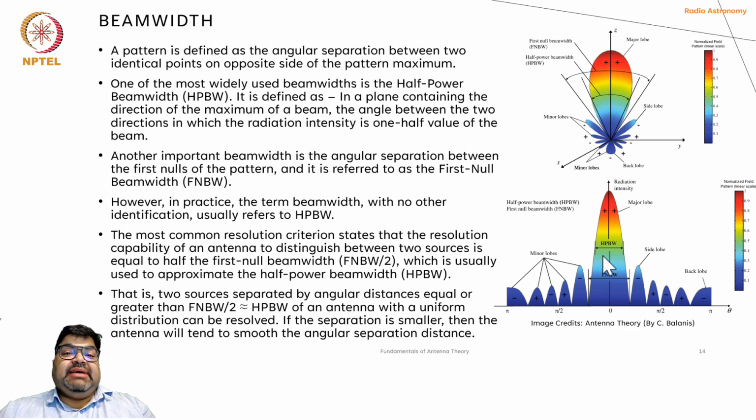It will see them as a single star. But if they are apart by an angular separation more than the half power beamwidth, then there is a possibility of distinguishing between these two stars. This component is very important from the radio astronomy point of view.